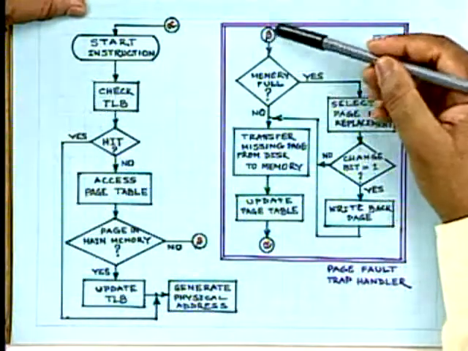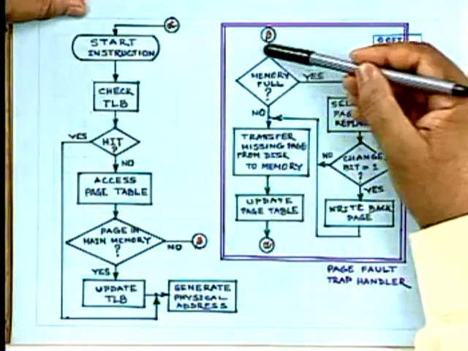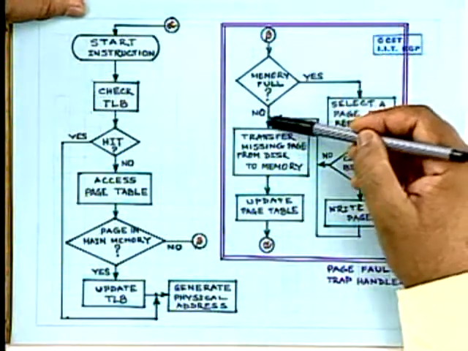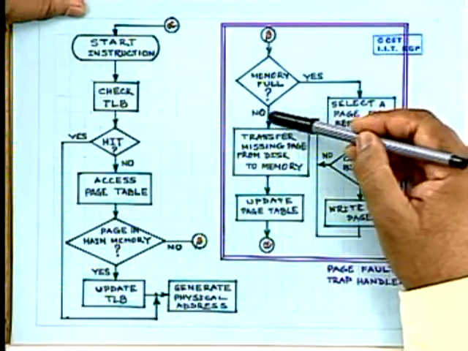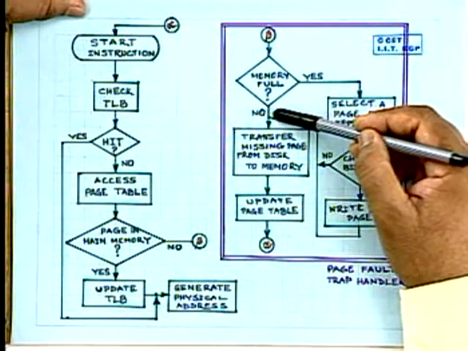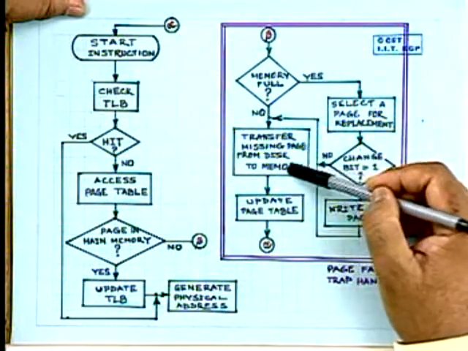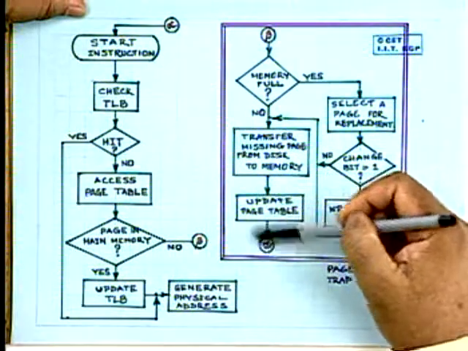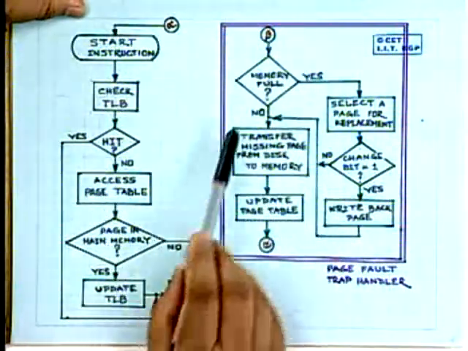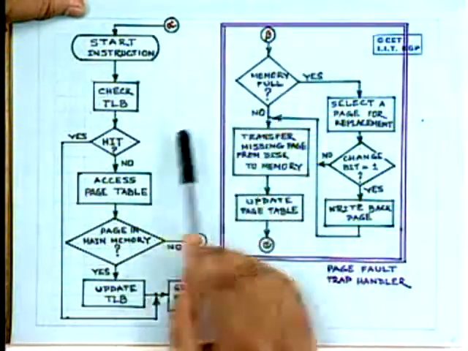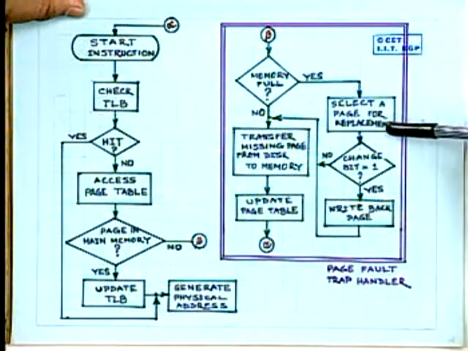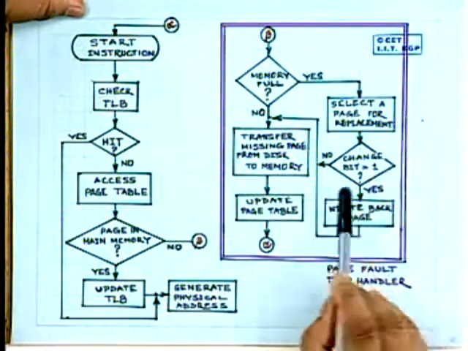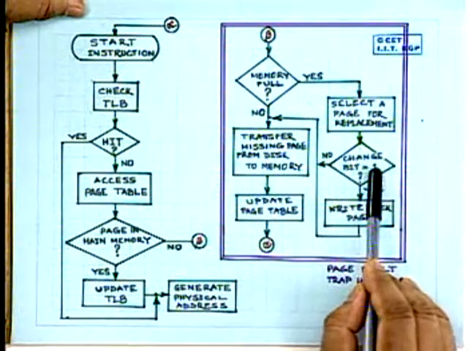Let me repeat the page fault handler. If memory is not full, that means an empty frame is available. Transfer the missing page from the disk, update the page table, and go back here. But if the memory is full, then we select a page for replacement and check whether the change bit of that selected page is 1 or not.